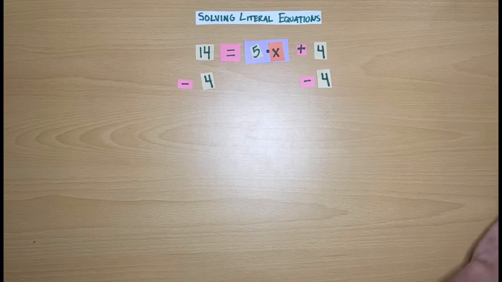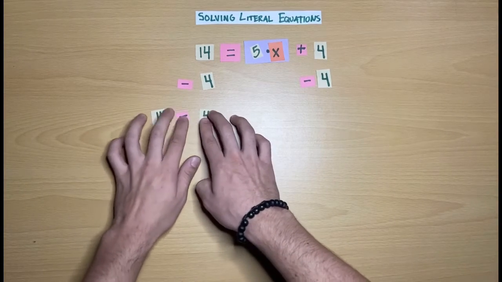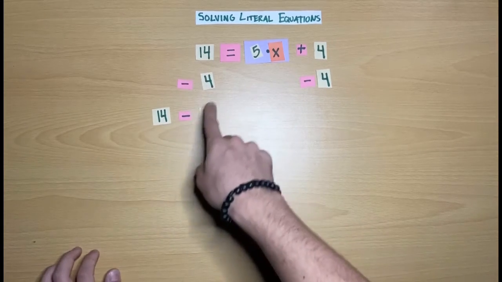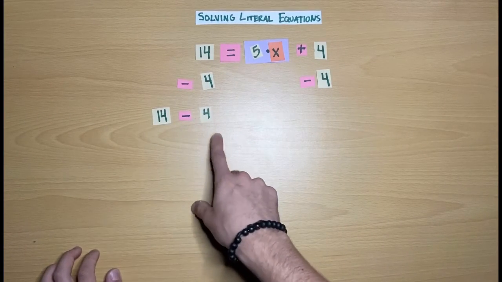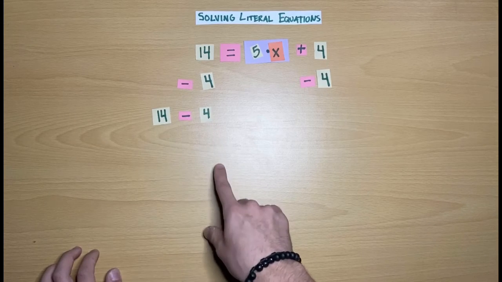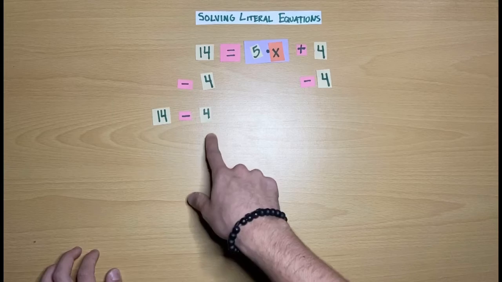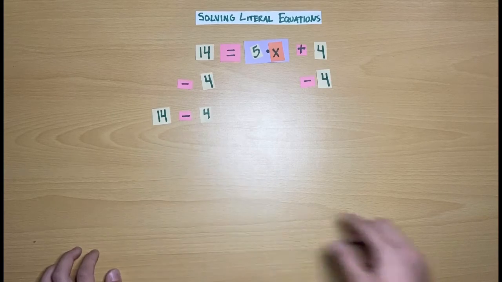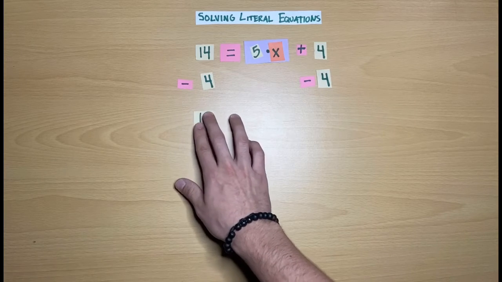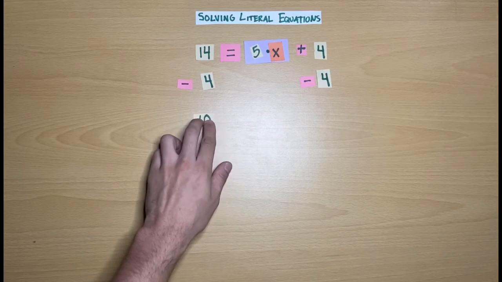And I'm going to write this a little funky. But this is the same as this, 14 minus 4. And this will come in handy later once we have variables and not numbers. But since they're both like terms, I can just go ahead and do that arithmetic and get 10. So we get 10 on the left.